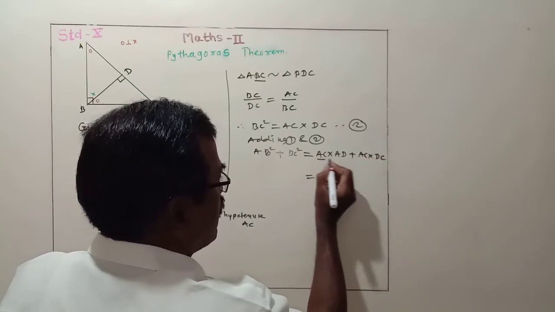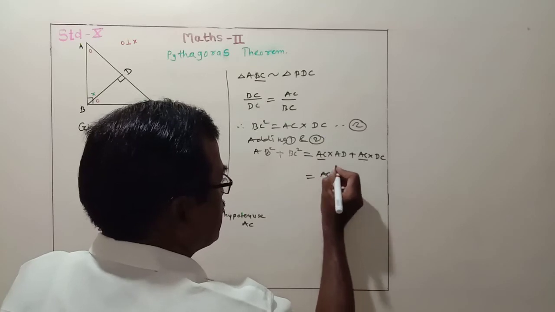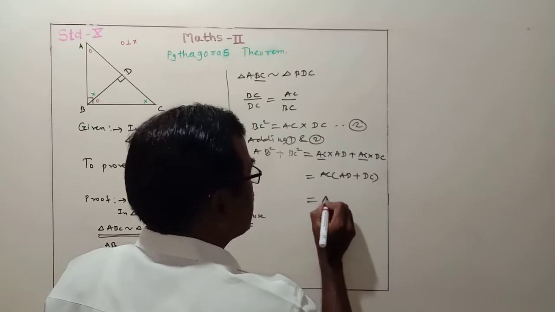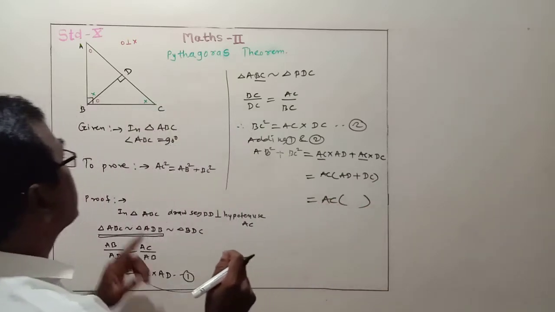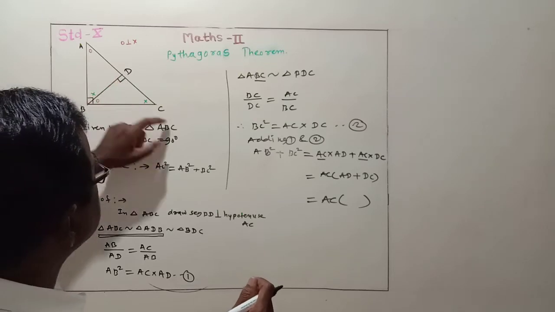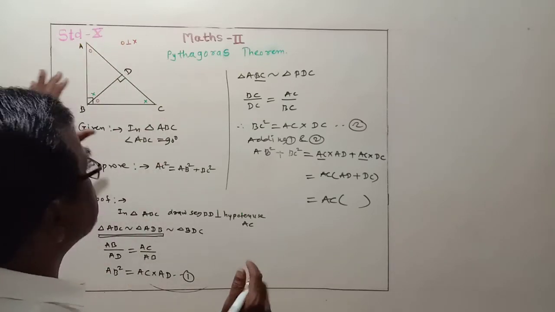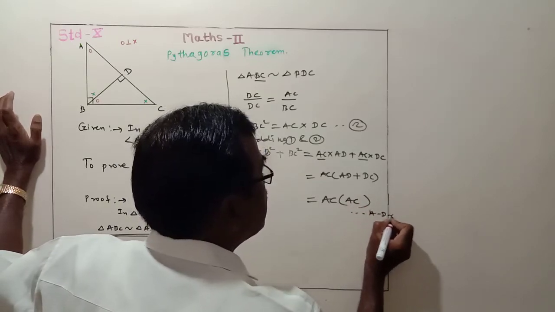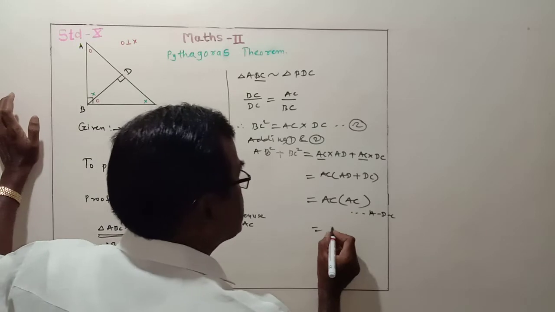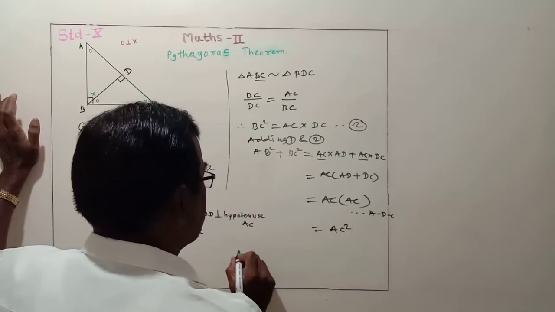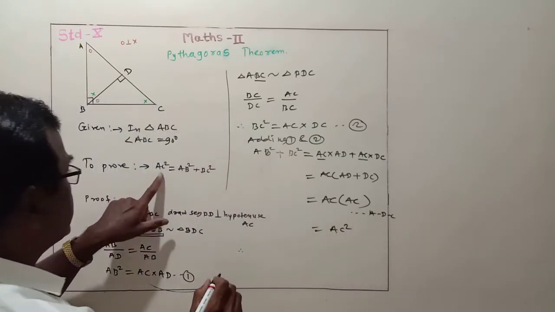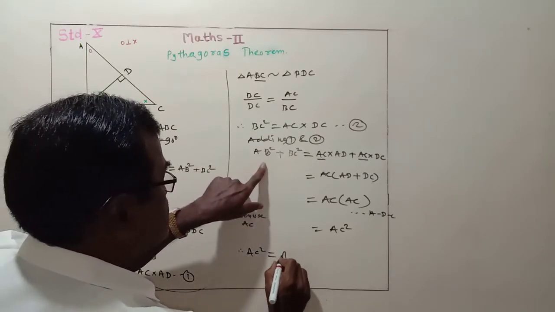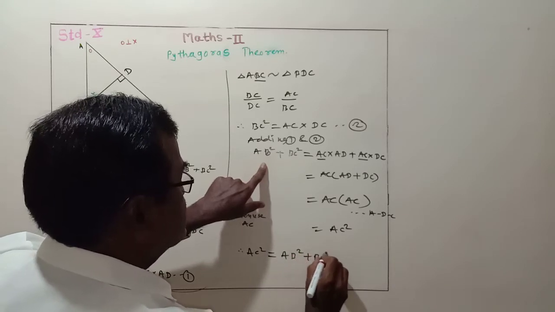There is common AC in bracket AD plus DC. The value of AD plus DC is AC, means A-D-C. AC into AC is AC square. Therefore, to prove AC square is equal to AB square plus BC square.